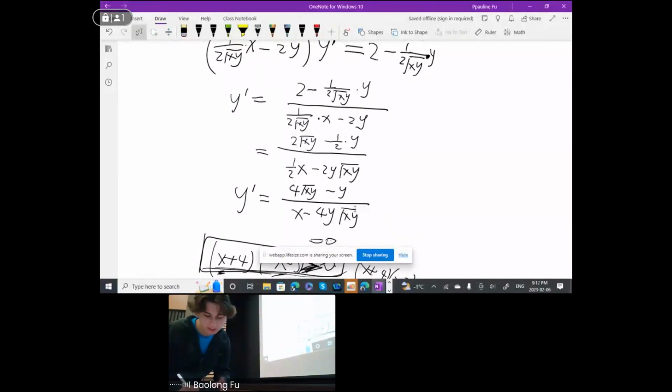I just had to make sure because I ran out of room on the one page, so I had to put a new page in, and that's where I got lost. I couldn't remember where I was. x minus 4y over xy. Thank you. You're welcome. I think I got it.